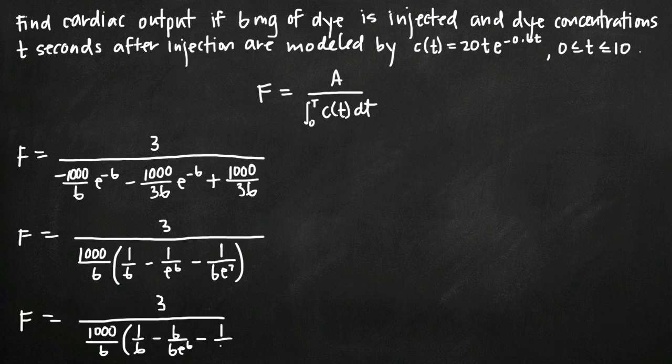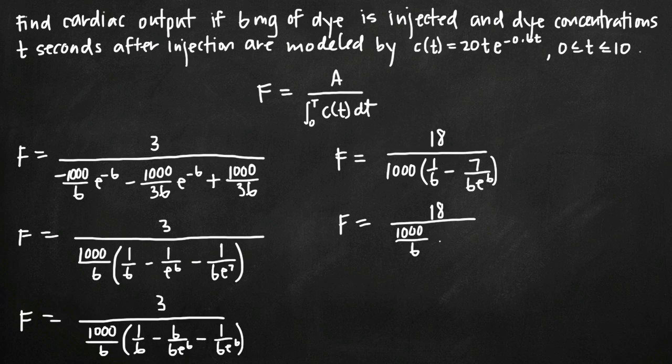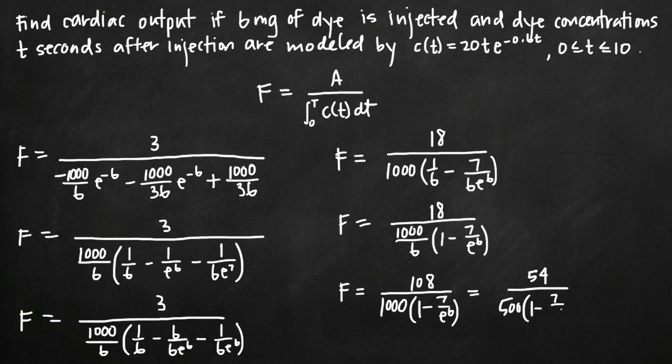We'll find a common denominator and then simplify 3 over 1,000 over 6. Factor out 1/6 and then simplify the coefficients again. Then just reduce the fraction.